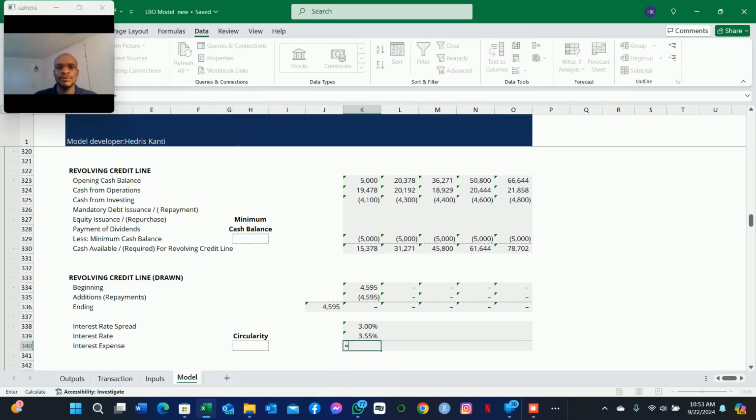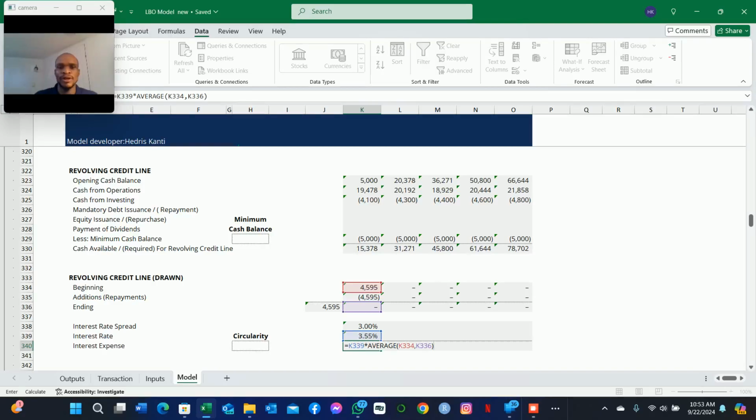So in order to calculate the interest expense, it's going to be based on an average of the opening and the closing debt balance. So we will take the interest rate and then we multiply it by the average of the opening and the closing debt balance, because the payments might take place within the year.